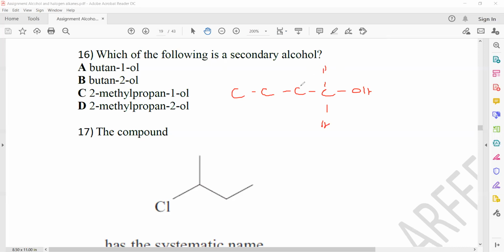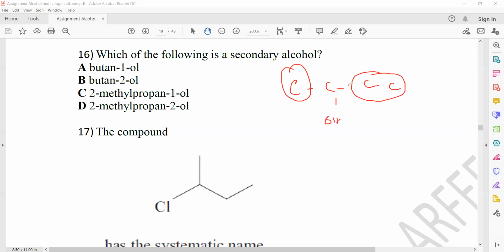Butan-1-ol is a primary alcohol, but in butan-2-ol the OH group is attached to the second carbon, with one carbon chain on each side, that is why it is a secondary alcohol.